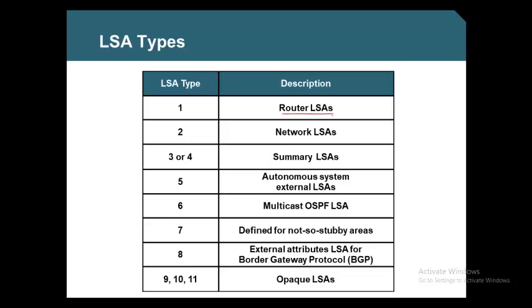Am I right? You will not have a DR when you have only point-to-point links, correct? But when you have multi-point links, when you have Ethernet links, definitely there is going to be at least one DR. For each Ethernet link, there will be one designated router, DR. This DR sends a special advertisement called network LSA.